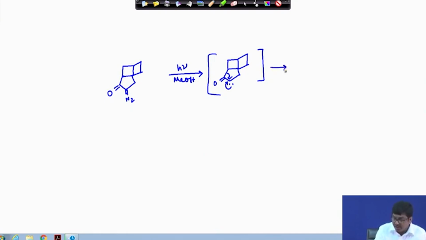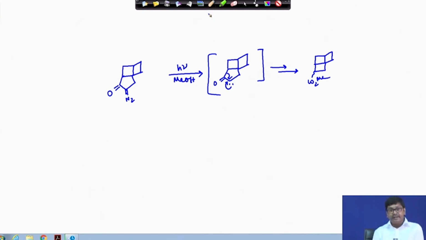I am not going into the detail of that. Once that is generated, the methanol will attack it, and finally the product will be formed. Again here we have started with a 5-member ring, the ring contraction will happen and we will get a 4-member ring. This is a very interesting product because there are three 4-member rings fused, with an ester moiety. So, we have started with 4-4-5, but we came to 4-4-4.